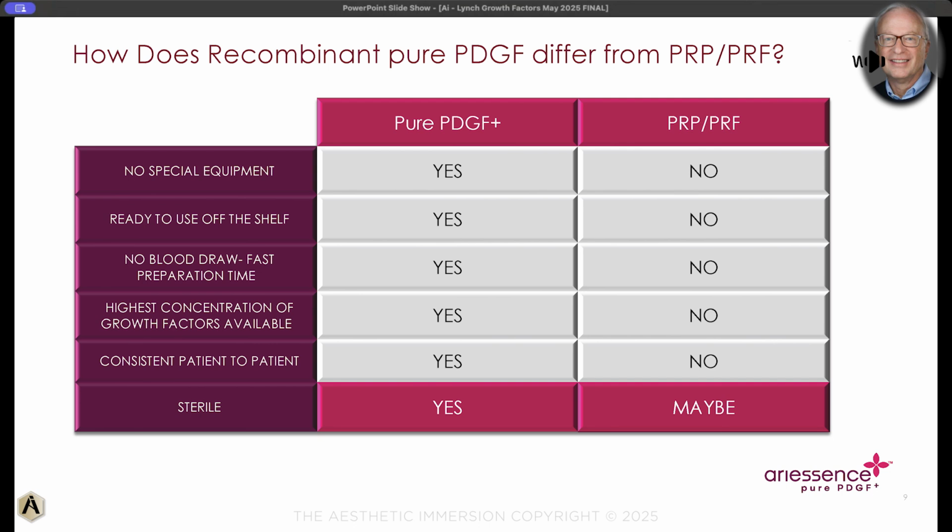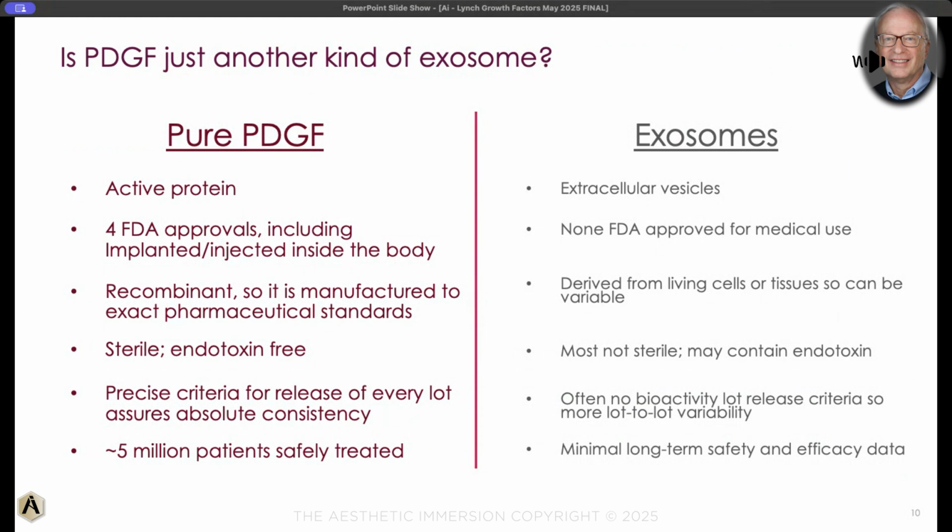The other question that you all posed to me was, is PDGF just another kind of exosome? And I've already half jokingly said, that's one of my pet peeves, because exosomes are extracellular vesicles. They're not proteins.